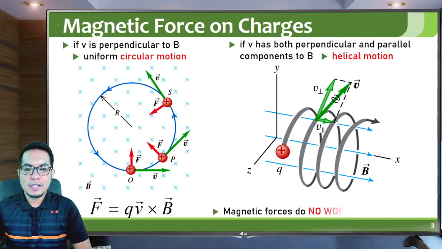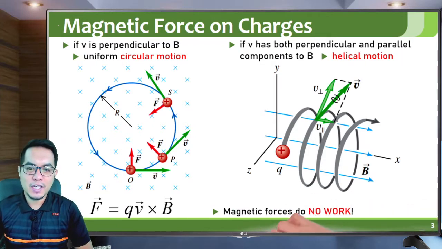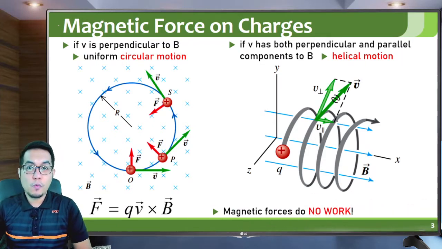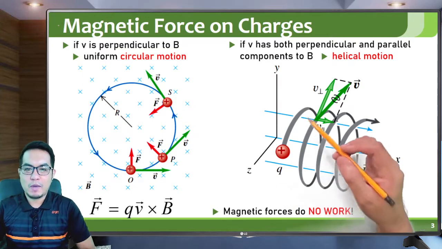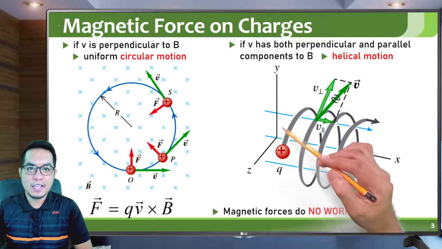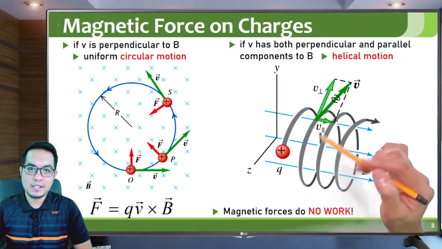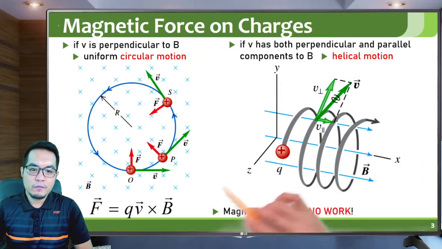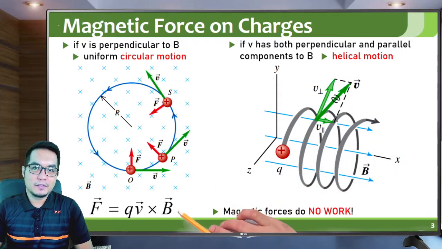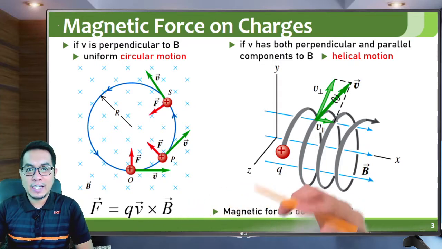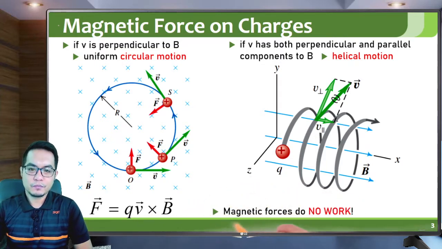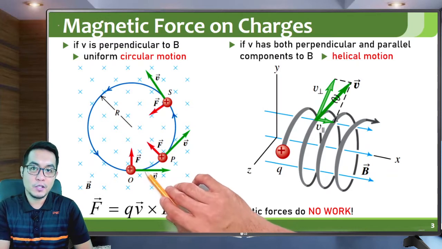Now, the magnetic force actually does no work. So what does this mean? Take note, work is defined as the integral of F dot the displacement dl. If you take F dot dl of this magnetic force, you will get 0. This means that the magnetic force cannot change the magnitude of the velocity of the charge.